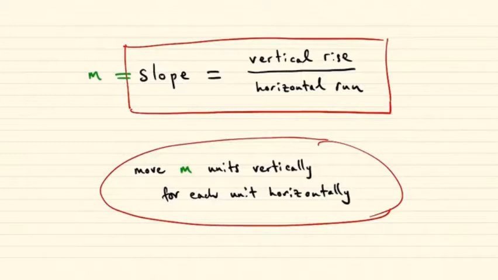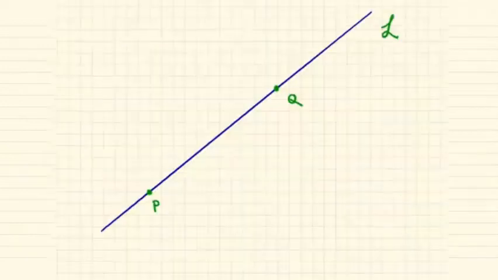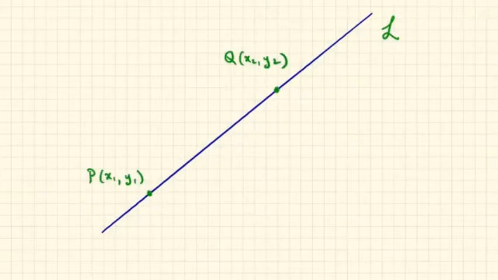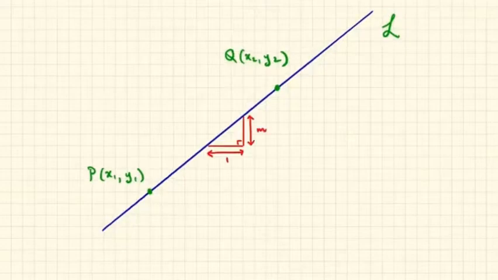And it turns out there's a nice formula for m in terms of the coordinates of P and Q. Here are P and Q again, but now with coordinates, say, x1, y1 for P, and x2, y2 for Q. And I've added a little right-angled triangle with horizontal side length 1 and vertical side length m.